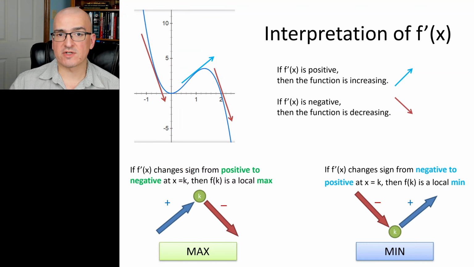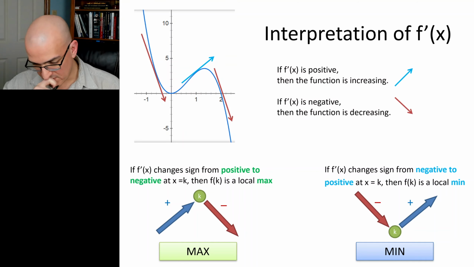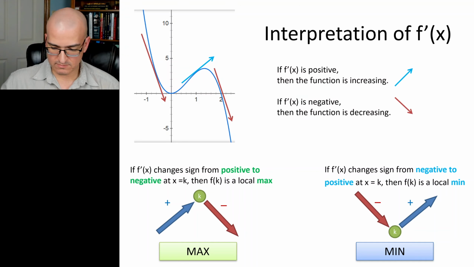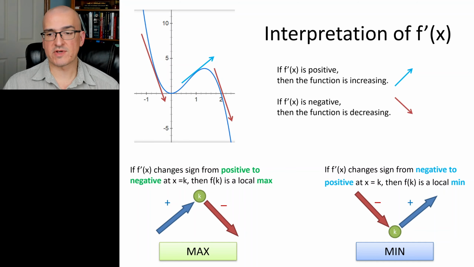If we have an x-coordinate where, to the left of it, the function's increasing, and to the right of it, the function's decreasing, so it's going up and then back down, that's the shape of a max. That would be like this region up there. There's a maximum around there. But the shape of a minimum is always the function decreasing, switching to the function increasing.